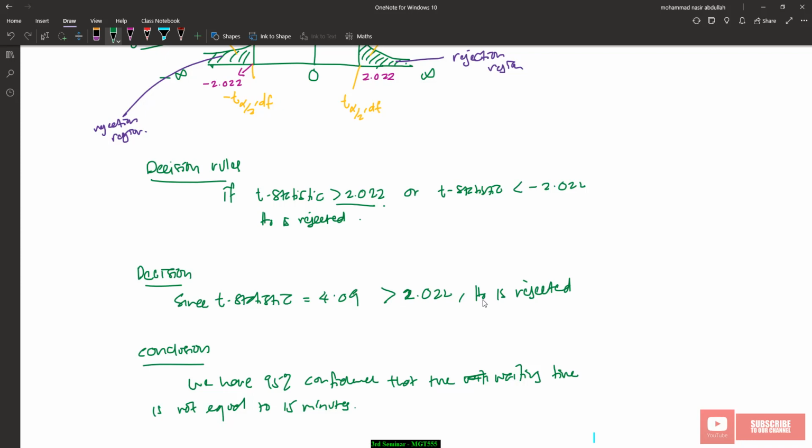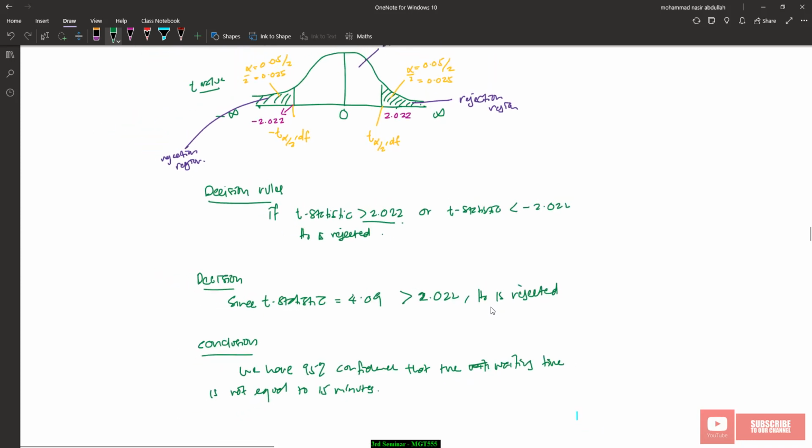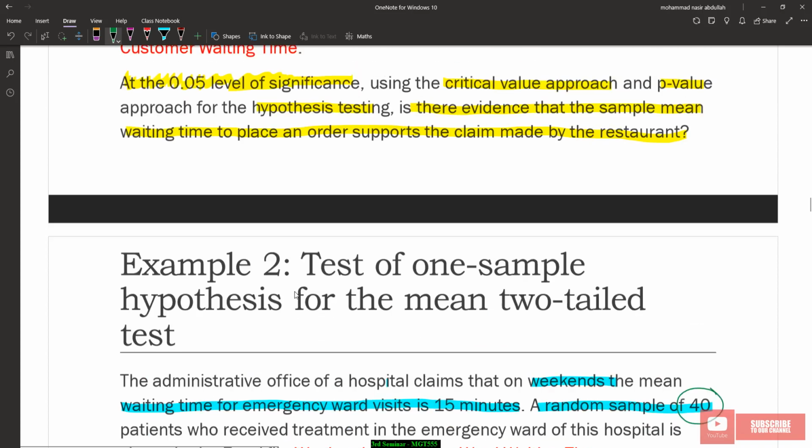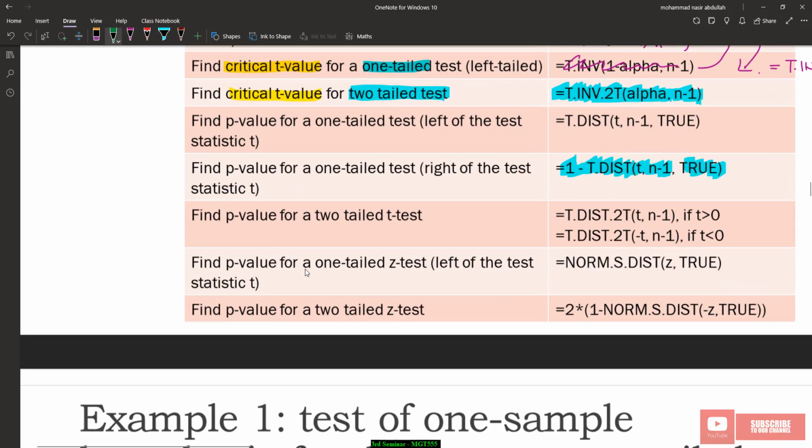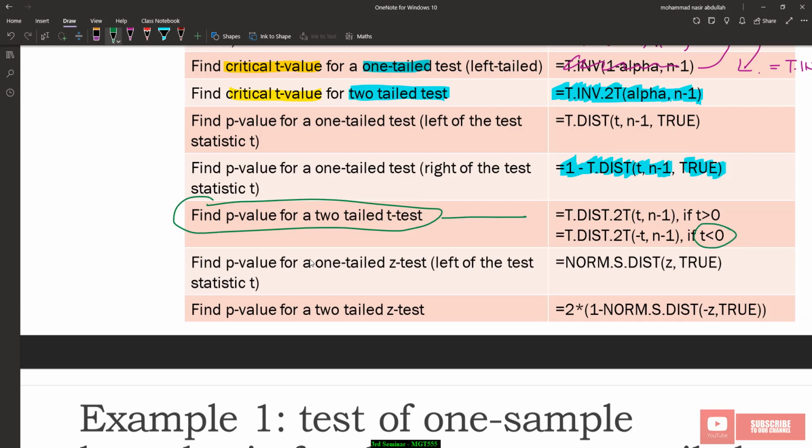Okay. So, what if we use a p-value? So, the p-value for the two-tailed test is here. This is the p-value for the two-tailed test. So, we can use either one. If t is more than 0, we are going to use T.DIST.2T with n minus 1. If the t value is less than 0, we put negative t, to differentiate which side the p-value should cover. Right?